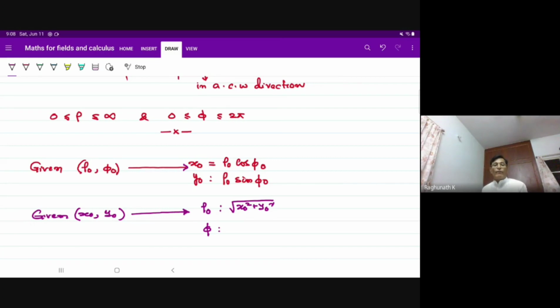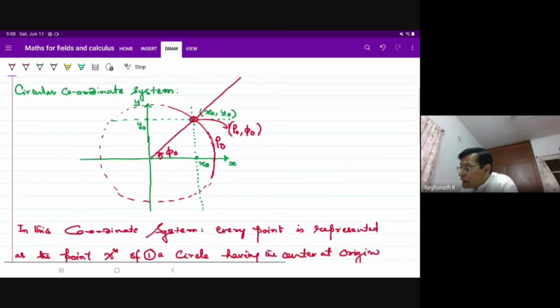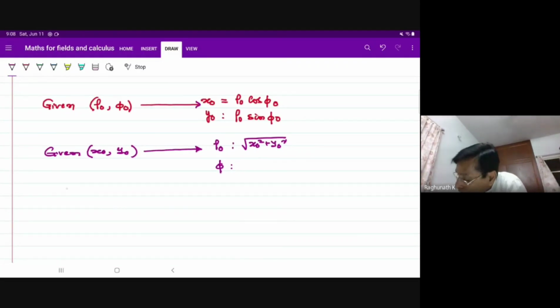Definitely, if x naught, y naught is there in the first quadrant, that's what I was talking about. Definitely x naught and y naught are positive, first quadrant. Check it. This is the point. This is x naught, this is y naught. This phi naught is tan inverse of y naught by x naught, if x naught is positive.